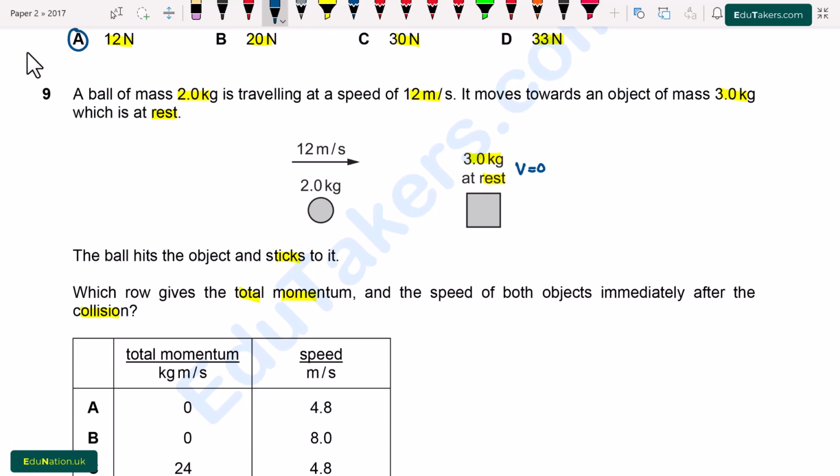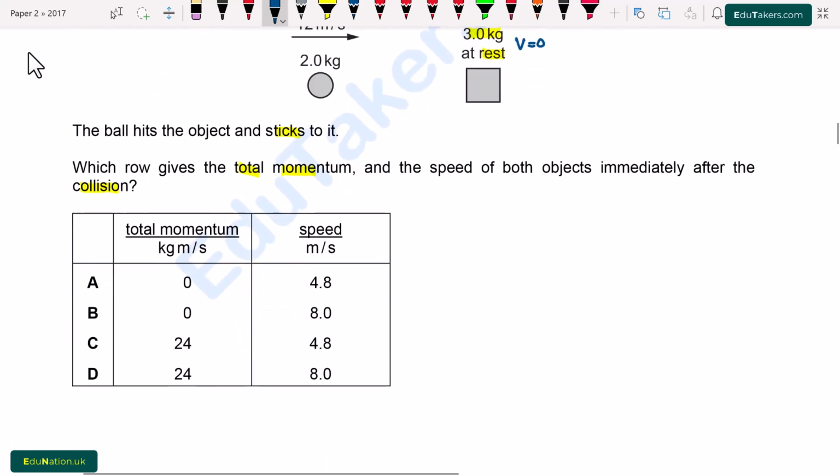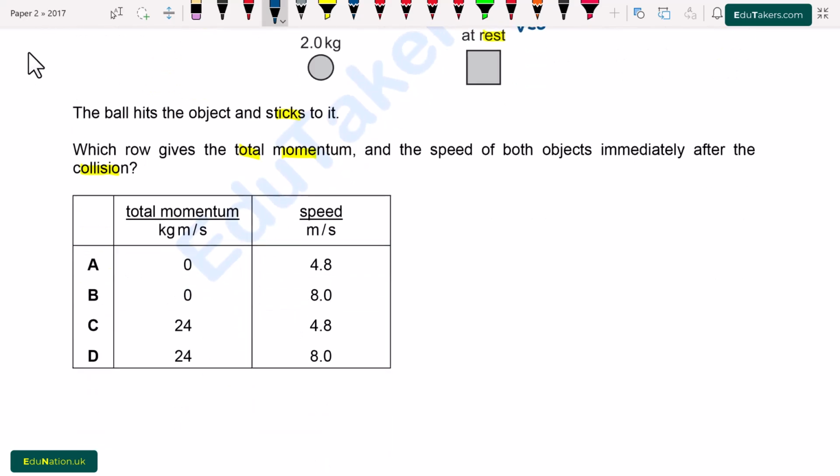So I write here total momentum before collision is equal to total momentum after collision.